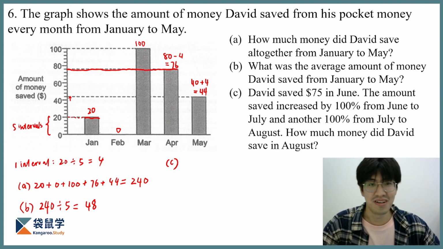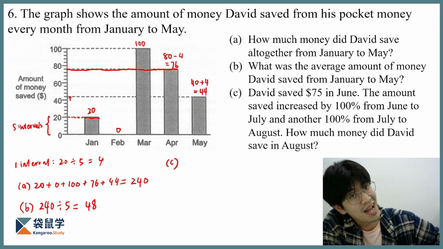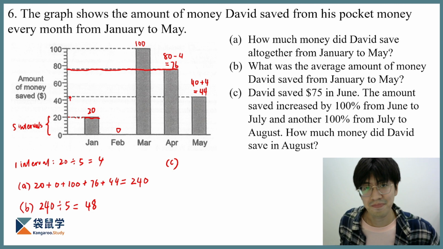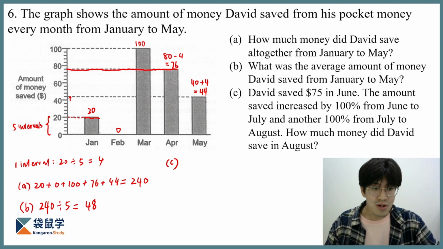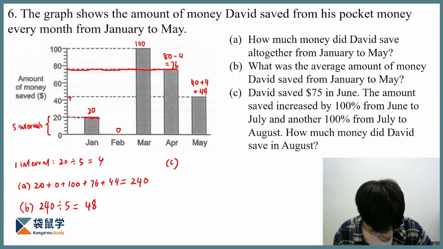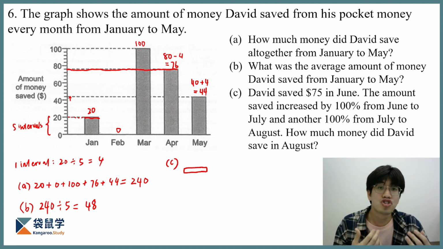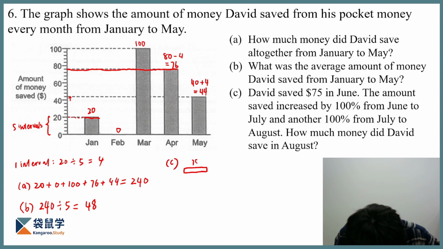Now at this point, I believe a lot of students are simply going to take 75 times 3. But is that how we solve this one? Let's break this down further. So starting with June to July, if I draw out the model for June, then this is 75 for June.